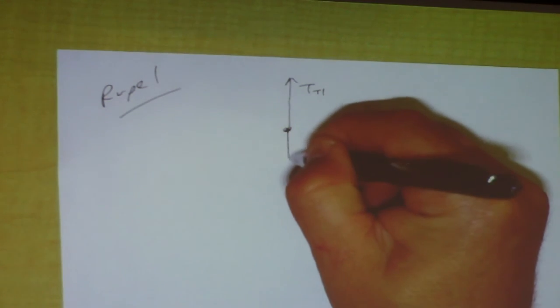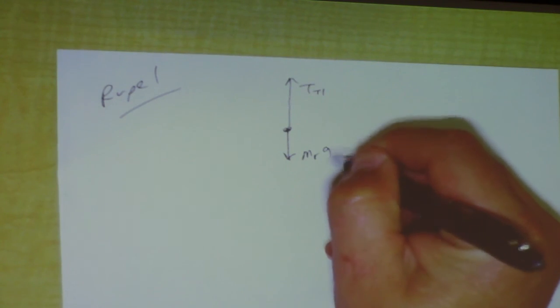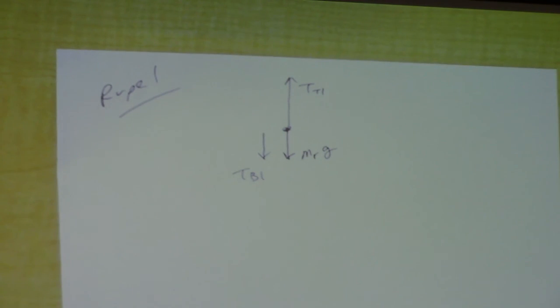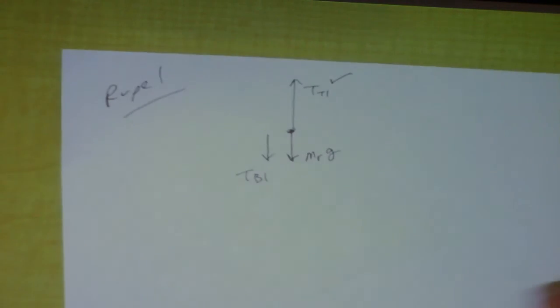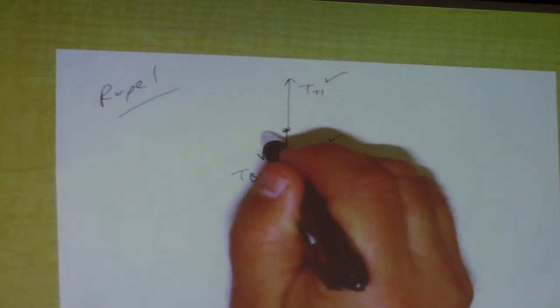You've got the weight of the rope, so mass of the rope times G. And then you've got the tension at the bottom of 1, and that's what we're trying to figure out. Same thing, you'll know this from the previous part. This is just the mass of the rope times G. And then the only thing that you don't know is this.